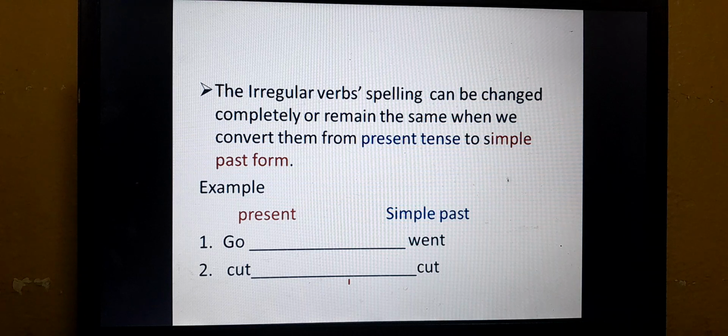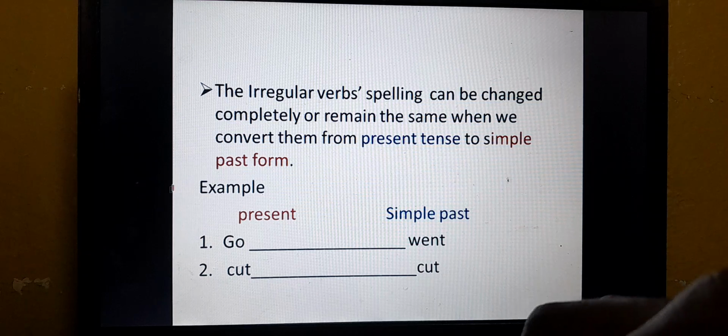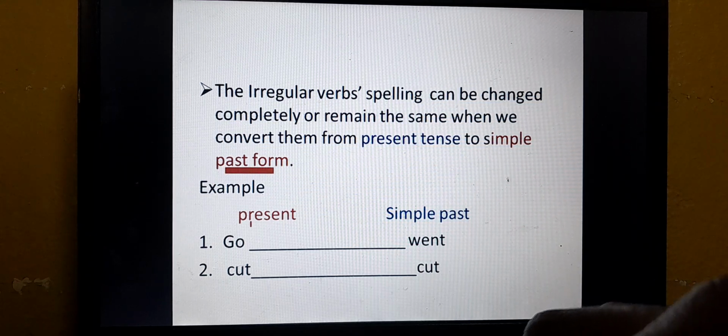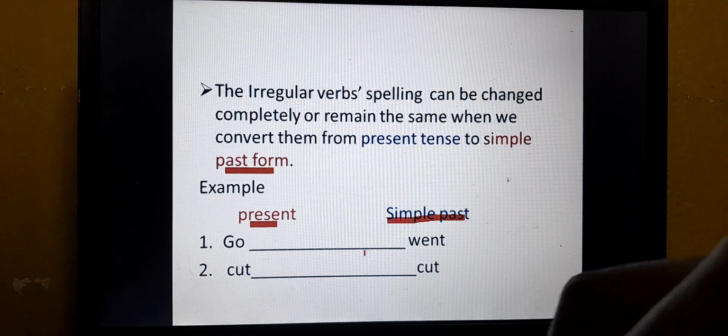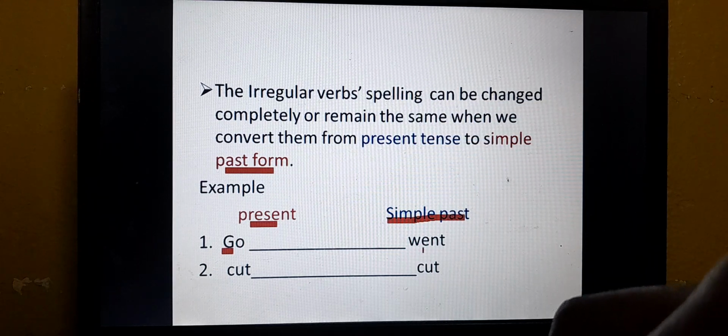The irregular verbs' spelling can be changed completely or remain the same when we convert them from present tense to simple past form. Let's take a look at the examples presented here. This is the present and this is the simple past. Go, present; went, past. As you can see, there is no similarity in spelling between go and went.